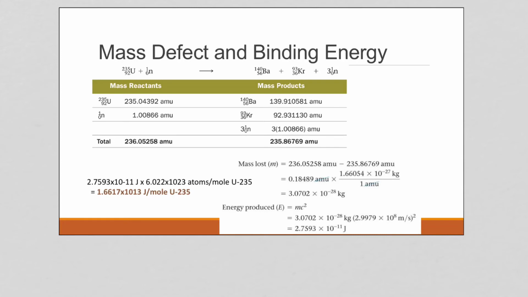So if we add up the sum of the masses of our reactants, the mass of the uranium-235 isotope is 235.04392 AMUs. Mass of a neutron, 1.00866 AMUs. So we have total reactant mass of 236.0528 AMUs.